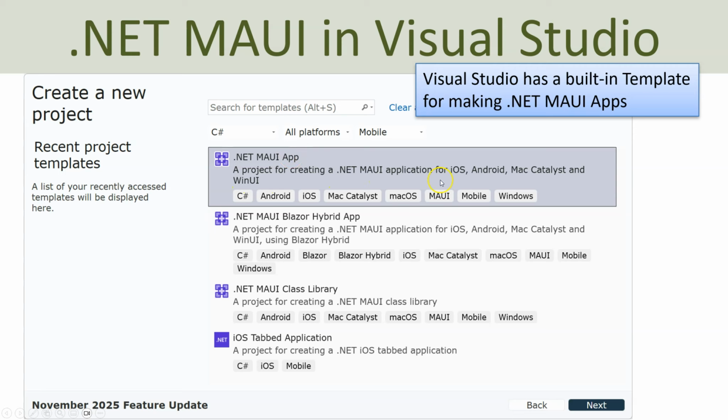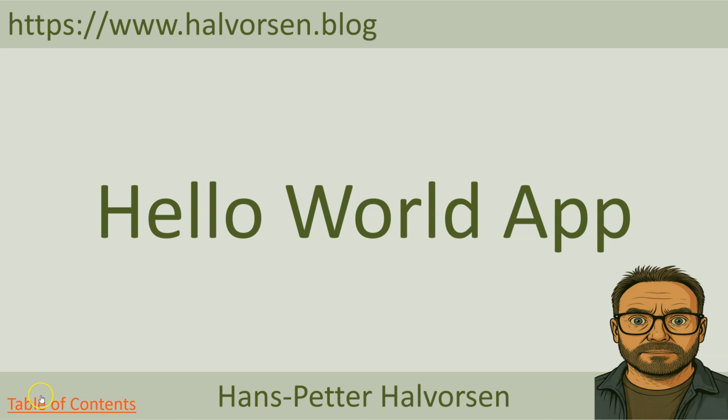And you can use that one to create a cross-platform .NET MAUI application that will work on Android and on iPhones. So now when you have installed the .NET MAUI workload, you're ready to start creating your first .NET MAUI application. So let's create a Hello World application together using this .NET MAUI framework.